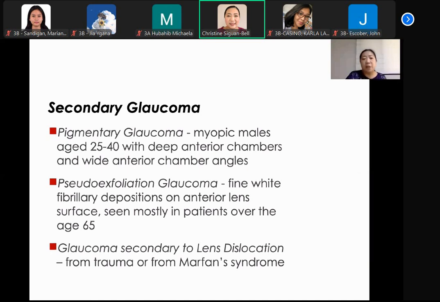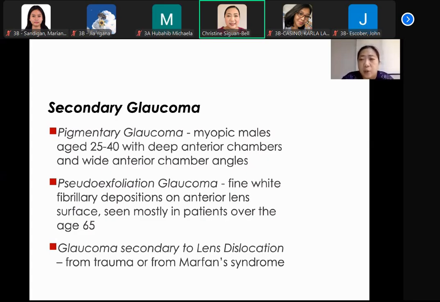Now let's go to secondary glaucoma. It could be pigmentary glaucoma, pseudoexfoliation glaucoma, or secondary glaucoma due to lens dislocation. Pigmentary glaucoma is usually seen in myopic patients, and there are pigments that are released during exercise or high-stress activities, which will then block your trabecular meshwork and cause an increase in the intraocular pressure.